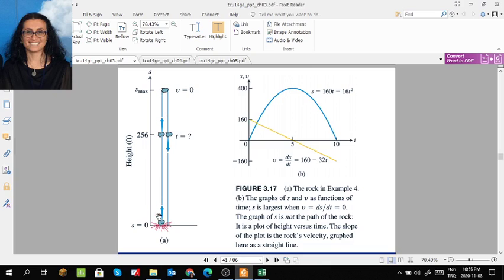And at the beginning the speed was 160, but whenever we have S max, the velocity is 0, and it's going to go down, and it's going to get down at 10 seconds. It takes 5 seconds or minutes, whatever, to go up, and 5 to go down in the ideal situation. That's what it shows here.